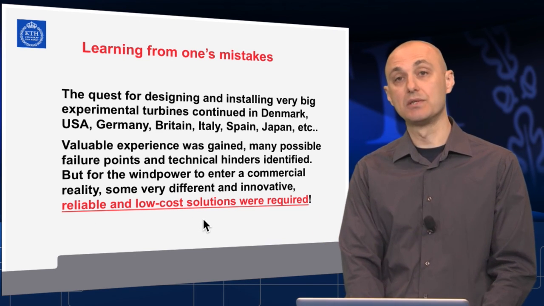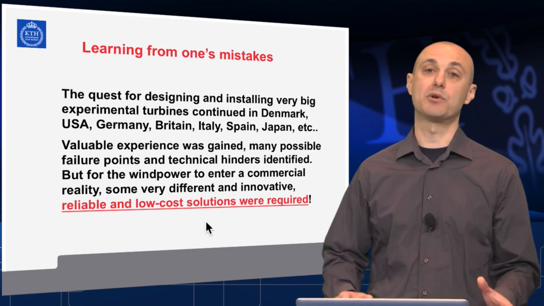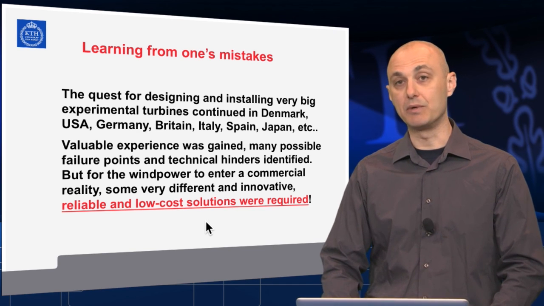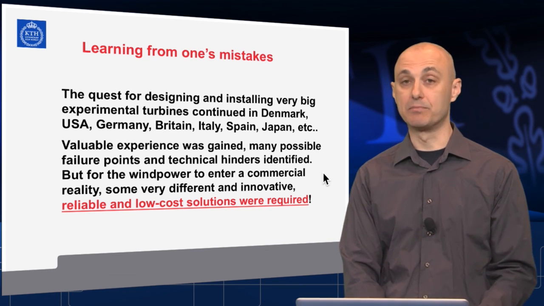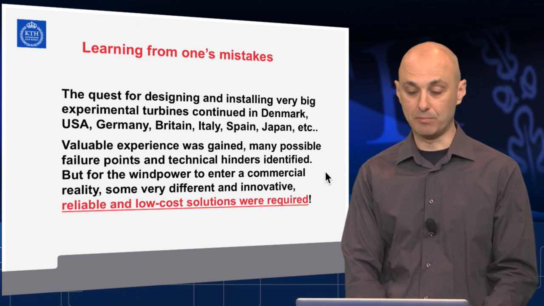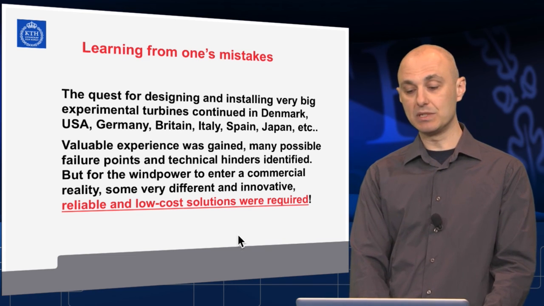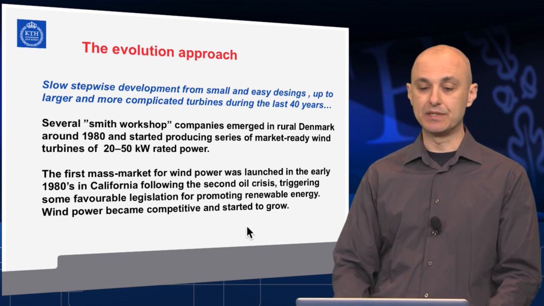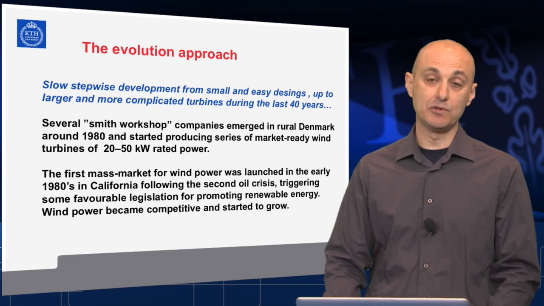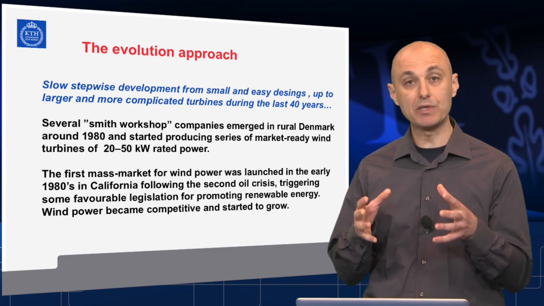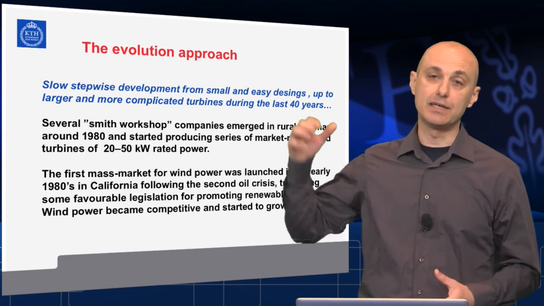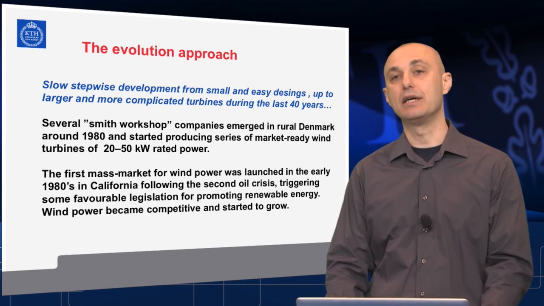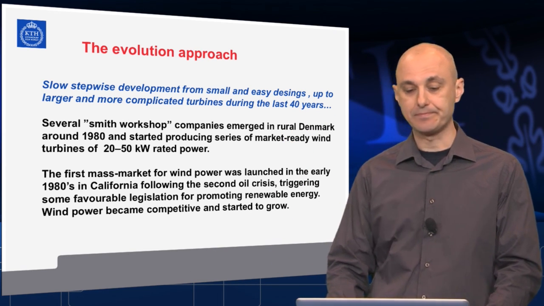Reliable and low-cost solutions were required for the proper commercial reality of wind power. It wasn't yet there. Definitely none of these big projects could reach that point. Something else was necessary, and the answer is that evolution was necessary. From small reliable designs into larger and larger rotors, higher turbines, and higher rated capacities.